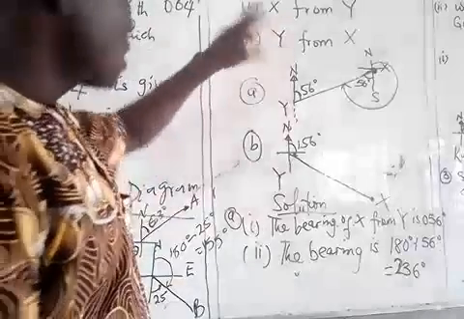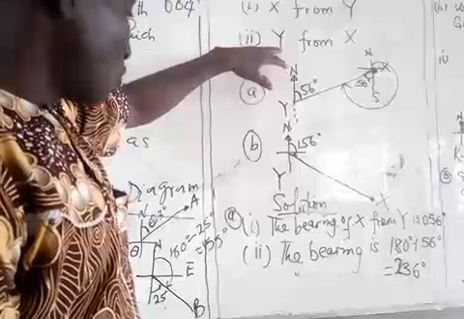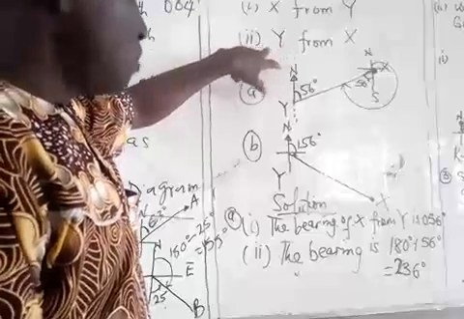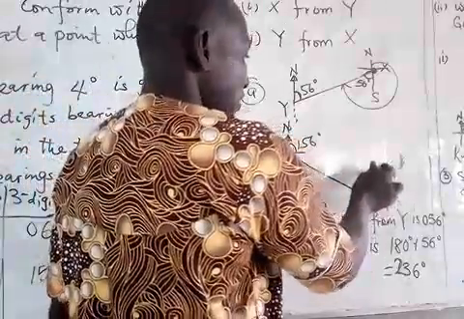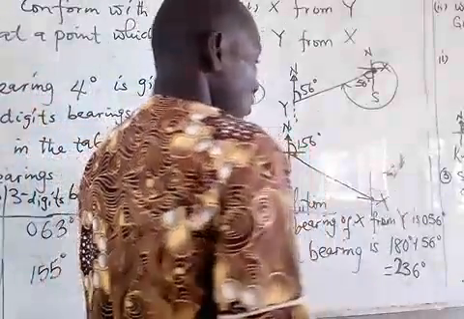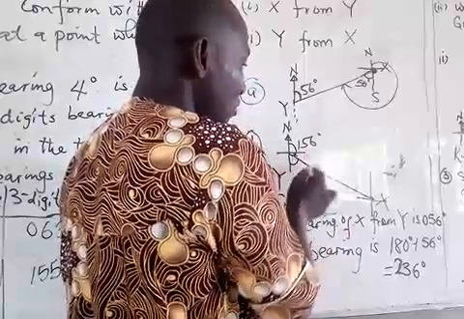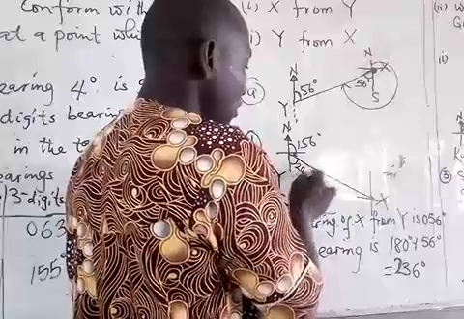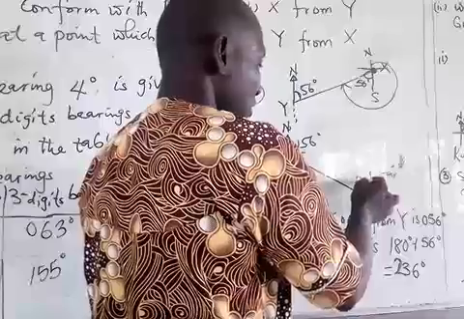Now part B, I, the bearing of y from x, we take this. When we look at this angle, the complement of this angle here is 24 degrees. So the angle here is 24 degrees.